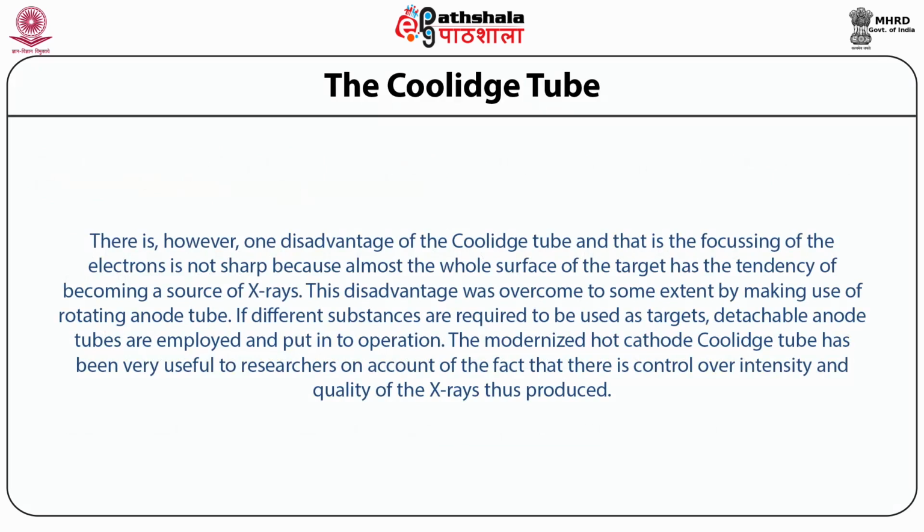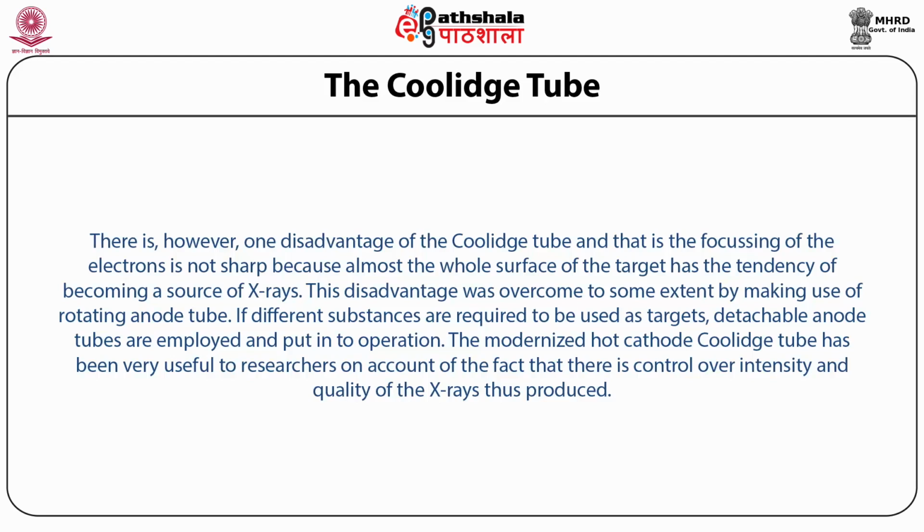There is, however, one disadvantage of the Coolidge tube, and that is the focusing of the electrons is not sharp, because almost the whole surface of the target has the tendency of becoming a source of X-rays. This disadvantage was overcome to some extent by making use of a rotating anode tube.